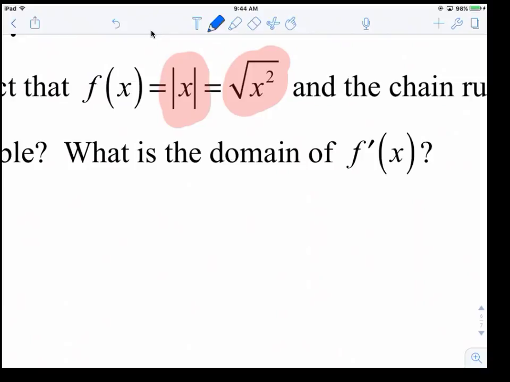So you would have f of x would be x squared to the 1/2, like that, right?